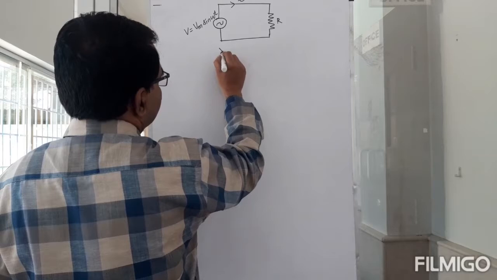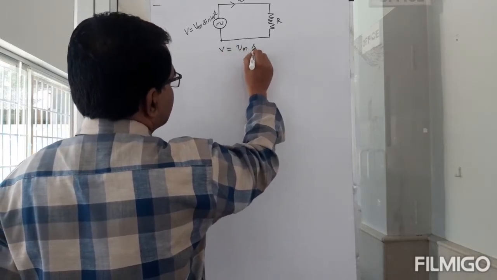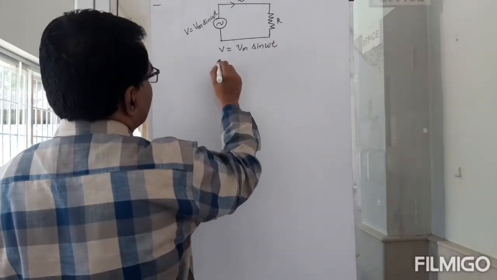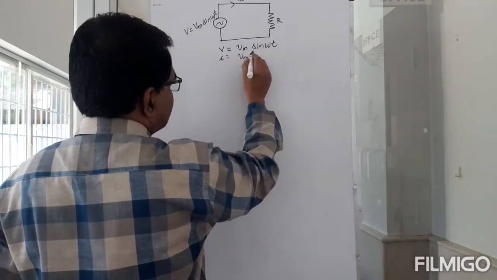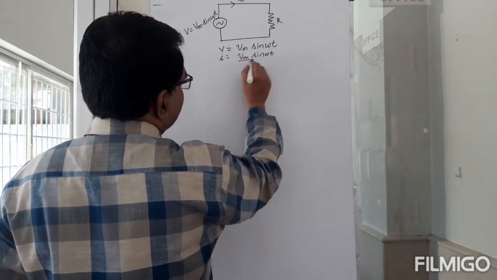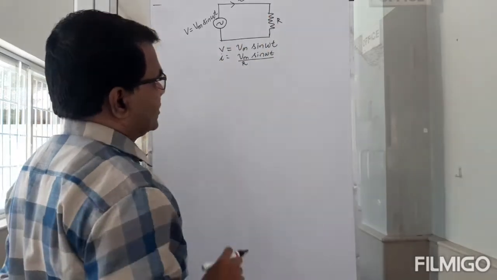So here V is written as Vm sine omega t, and then I at any point in time t is written as Vm sine omega t by R. R is the resistance of the circuit.